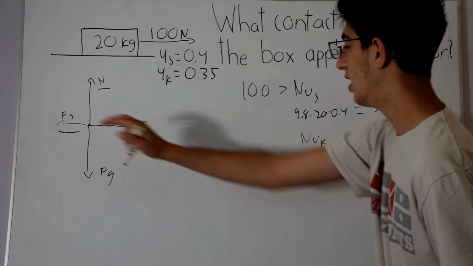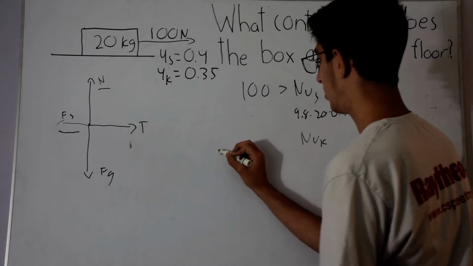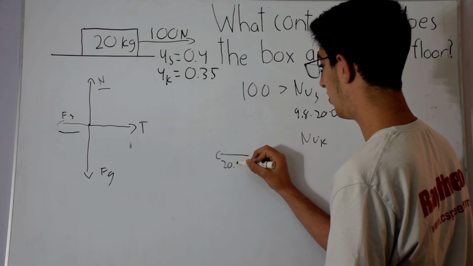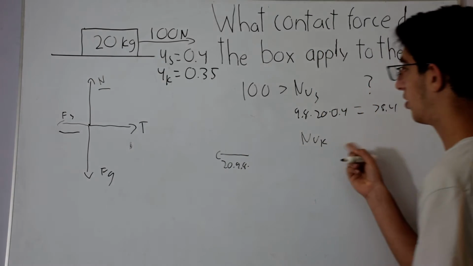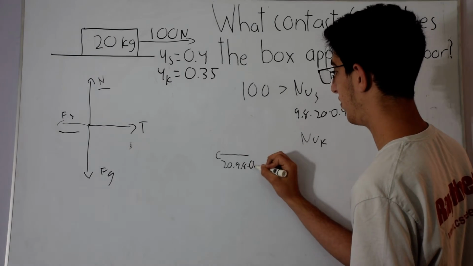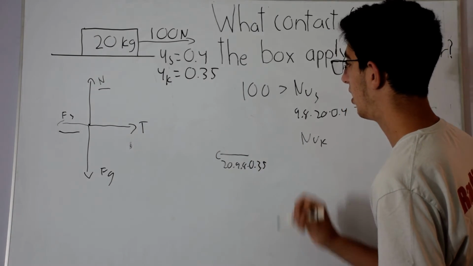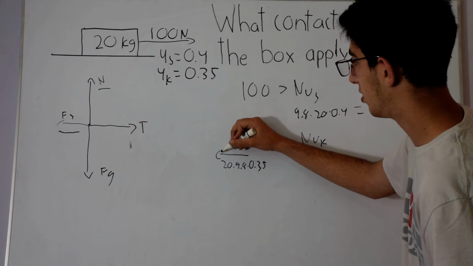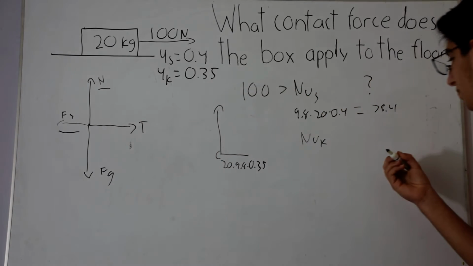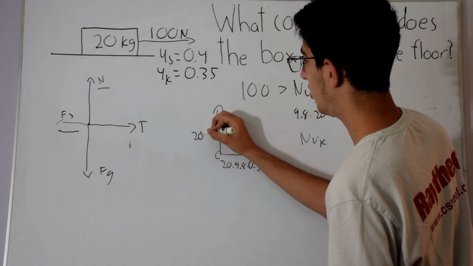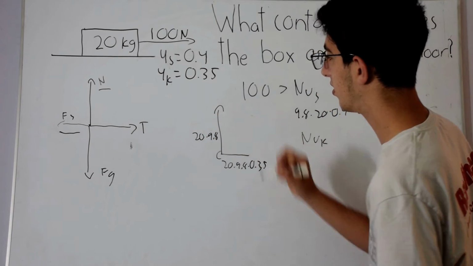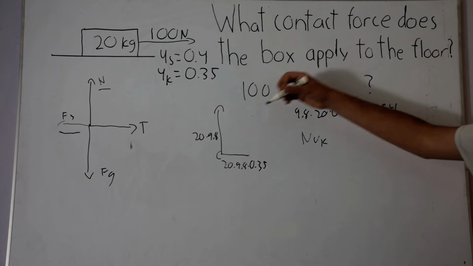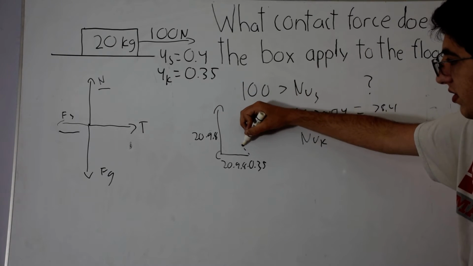And we're going to have the kinetic friction to the left, which I'll write as normal force times coefficient of kinetic friction, which is 0.35. And we also have just the normal force up, which is just 20 times 9.8. And the total force done by the floor onto the block will have this angle.